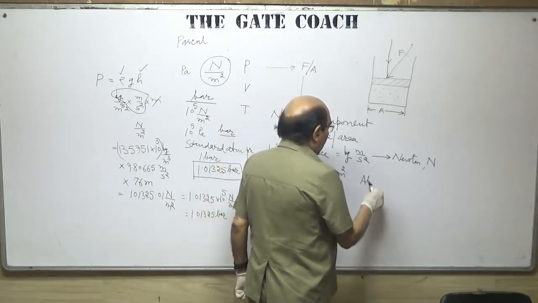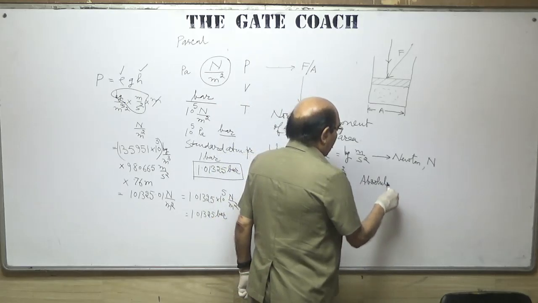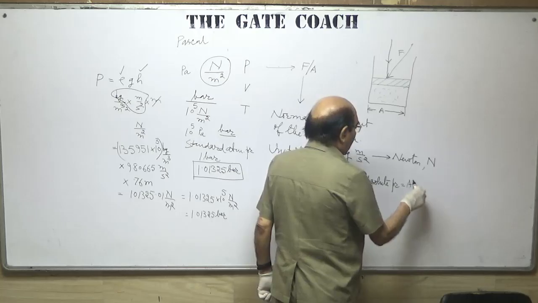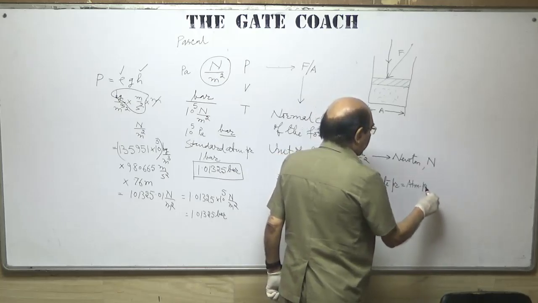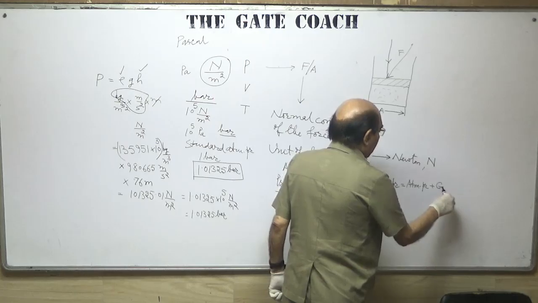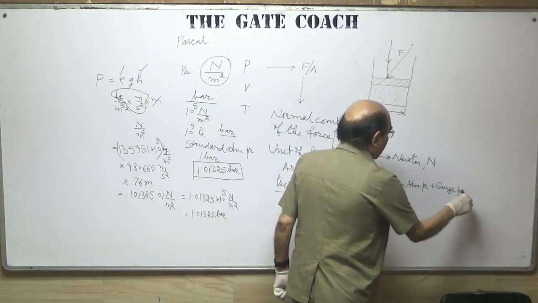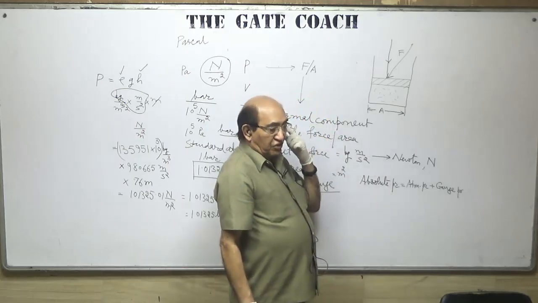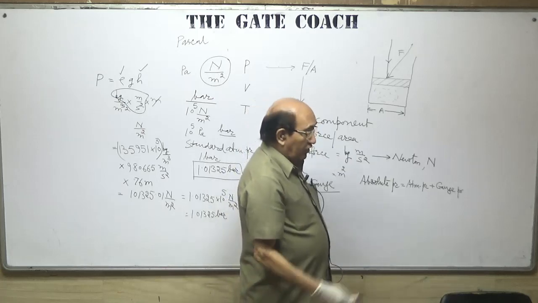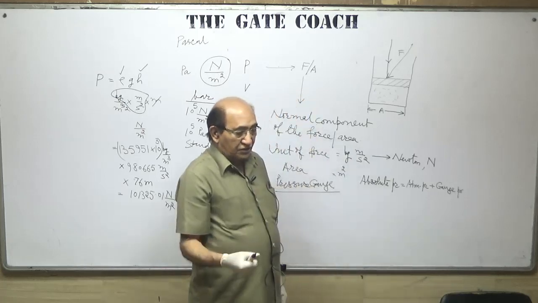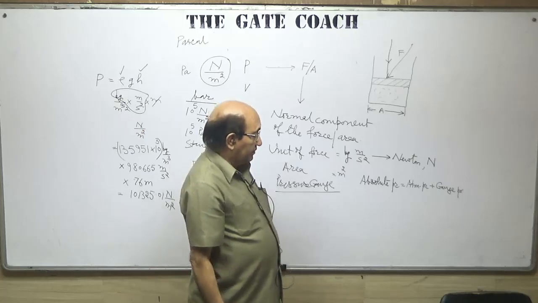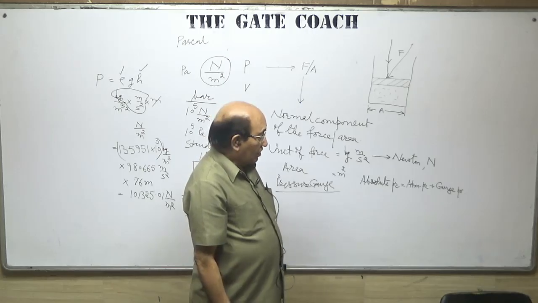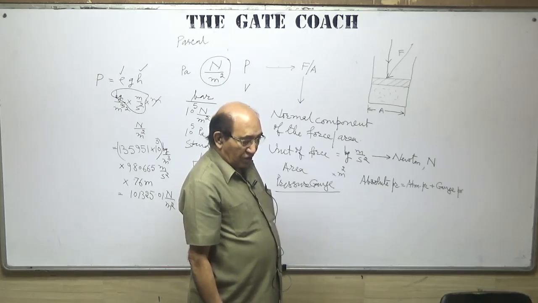So, we use a term called absolute pressure, which is atmospheric pressure plus gauge pressure. Many times we have seen, when we remove the given matter from the given system with the help of a pump and vacuum is created, the gauge will indicate pressure lower than 0.